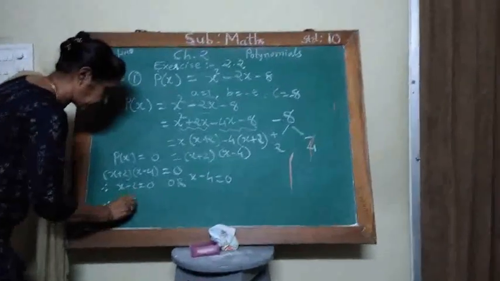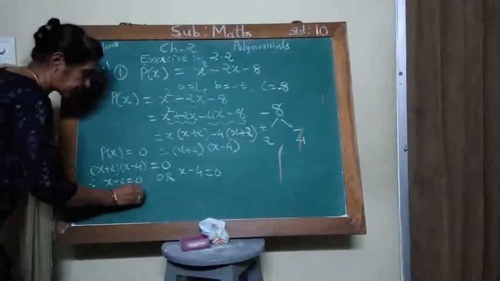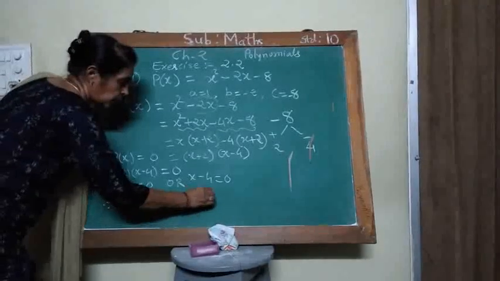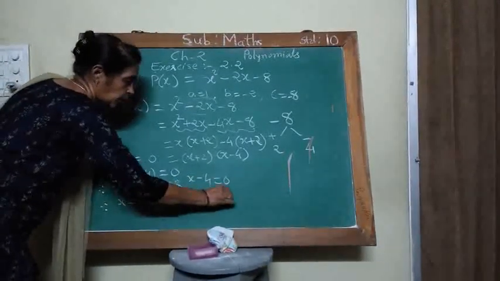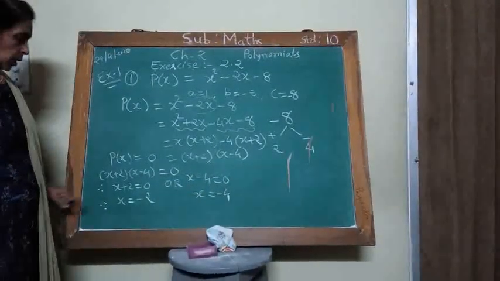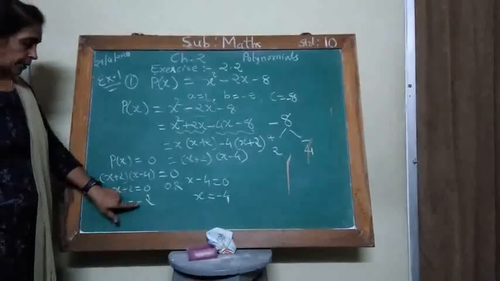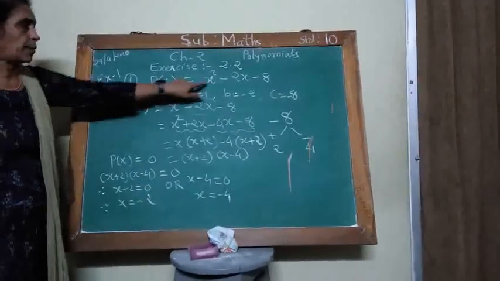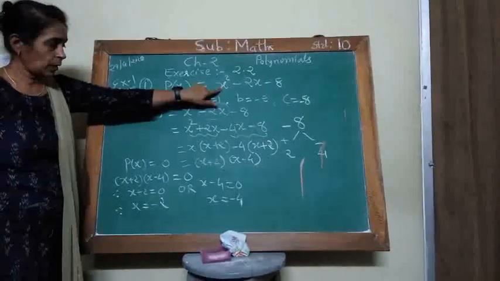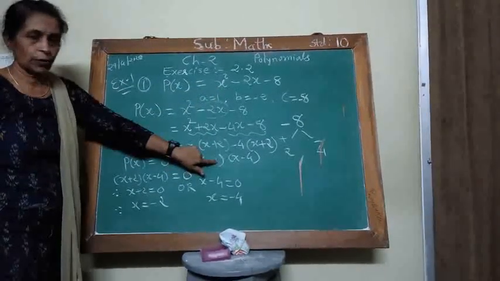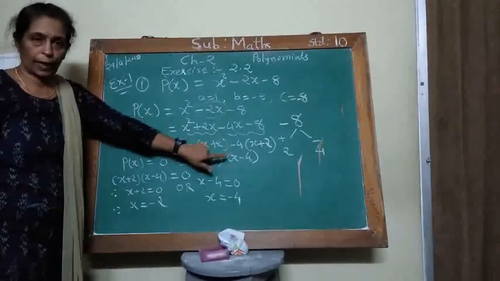So x plus 2 equal to 0: 2 goes on this side, so x equal to minus 2. So I get 2 values of x. If you put minus 2 in the polynomial, then see, minus 2 plus 2 is 0, and 0 into any bracket is 0.